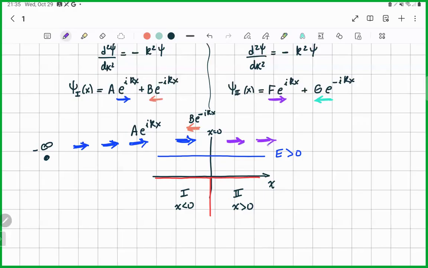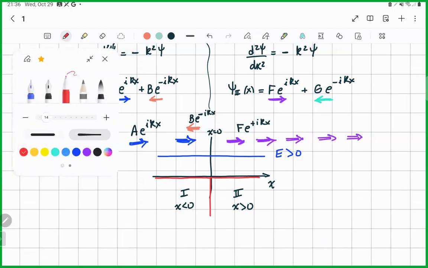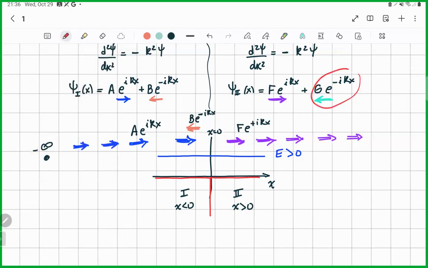So that is the F with the plus ikx. It is transmitted and it keeps going to the right, and that's it. There is nothing in that positive region to reflect it. So even though this part is correct mathematically, it doesn't exist physically once we assume that we started our motion at minus infinity.